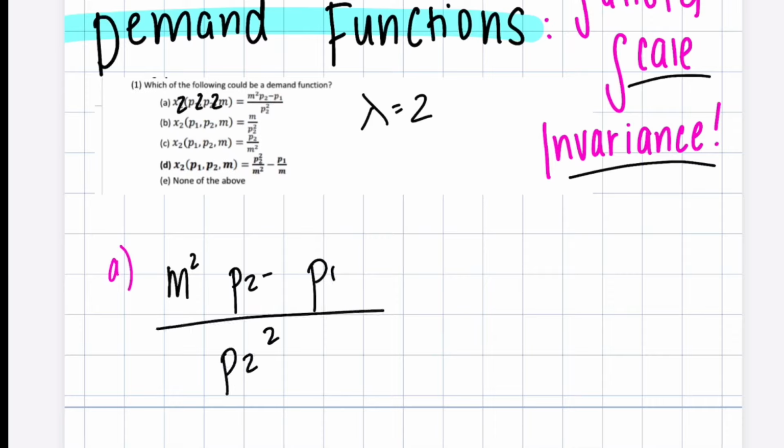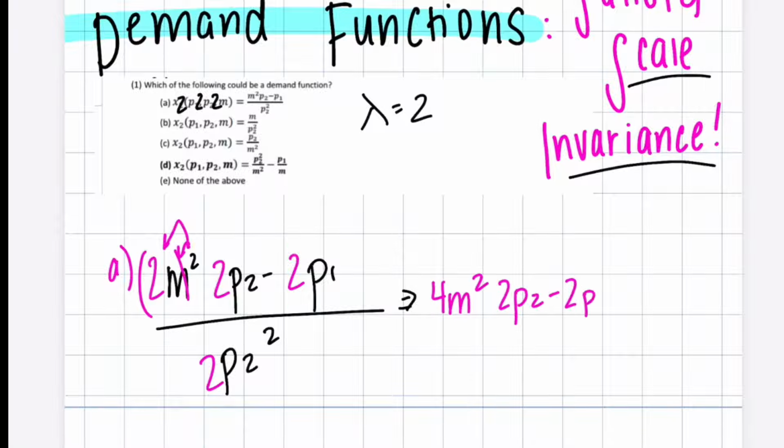I'm going to multiply each of these by 2. And then when I simplify this, since this 2 is attached to the m, I'm actually squaring both the m and the 2. So I have 4m squared, 2p2 minus 2p1, all over, same idea here, 4p2 squared.